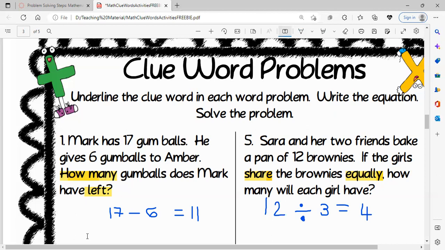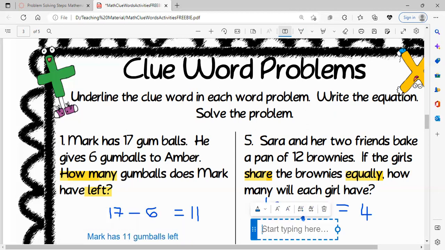We could finish off with a statement like this. Mark has 11 gumballs left. Do you mean has? And we can say that each girl got, or gets, 4 brownies.